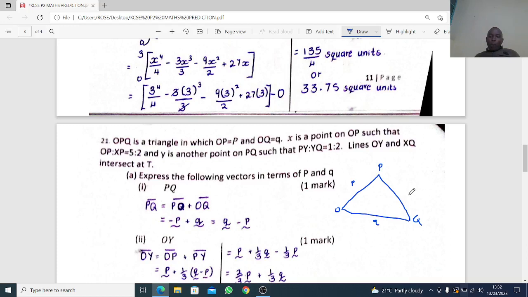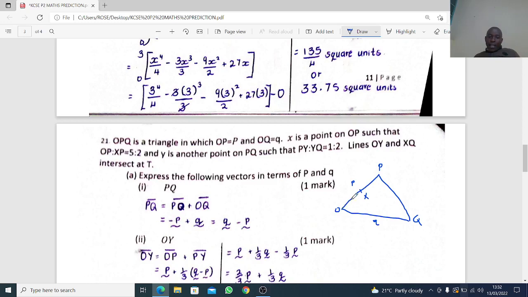X is a point on OP, so on OP we have a point X here, such that OP to XP is 5:2.